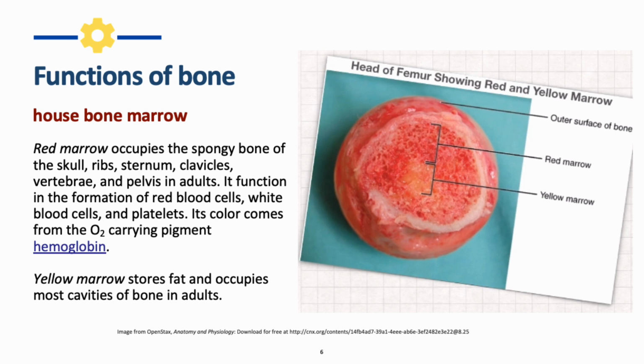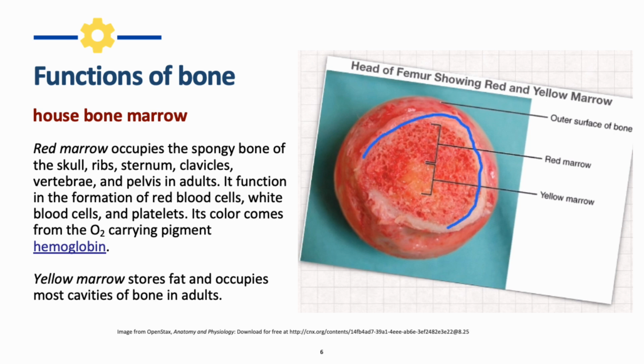We can see a picture here. This is the head of the femur. The head of the femur has been removed and cut open so that we can see inside of it. We're going to talk about bone structure, but basically the outer portion of the bone is going to be compact bone.